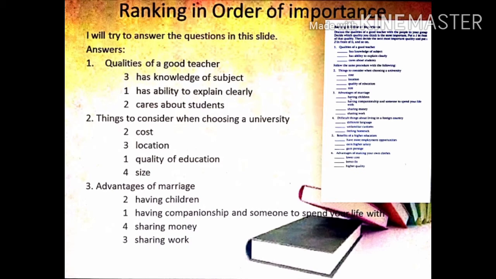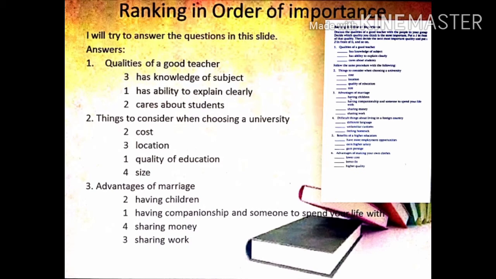Number 2, things to consider when choosing a university. The first thing, quality of education. The second, cost. The third, location. And the last, size.